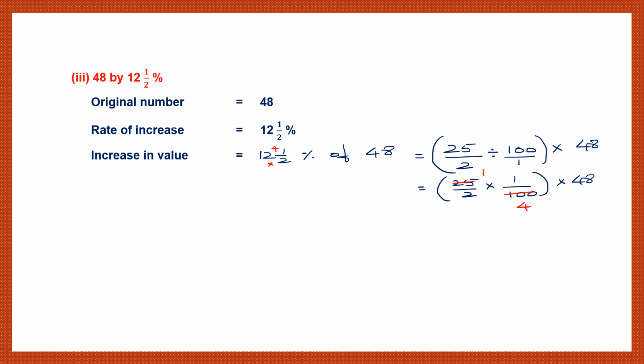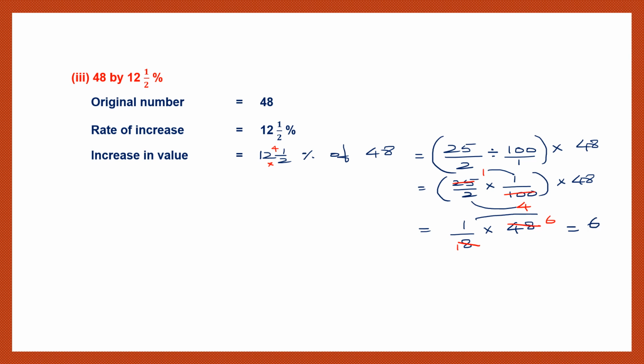So here, if I multiply my numerators, I'll get 1. If I multiply my denominators, 2 fours are 8. And then I multiply by 48. Again, I can cancel. 8 ones are 8. 8 sixes are 48. So now what do I have here? When I multiply my numerators, I have 1 sixes are 6. 6 by 1 is simply 6.